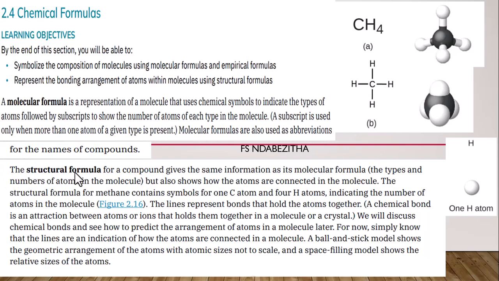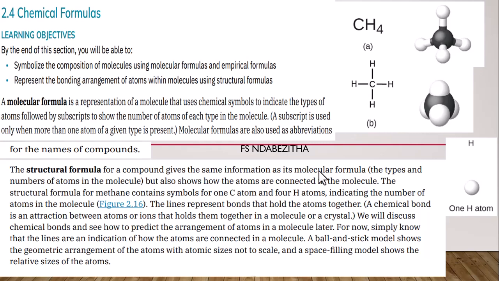The structural formula for a compound gives the same information as its molecular formula. When you look at the structure through which a molecule is represented, this in essence has the same information as its molecular formula. This is exactly what you are looking at.